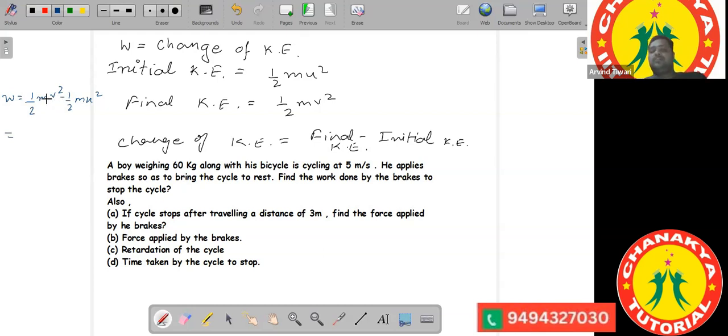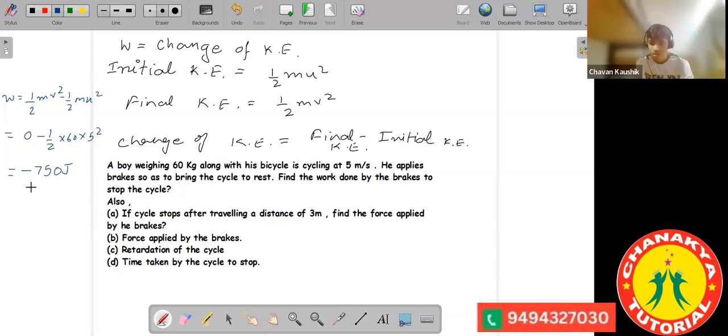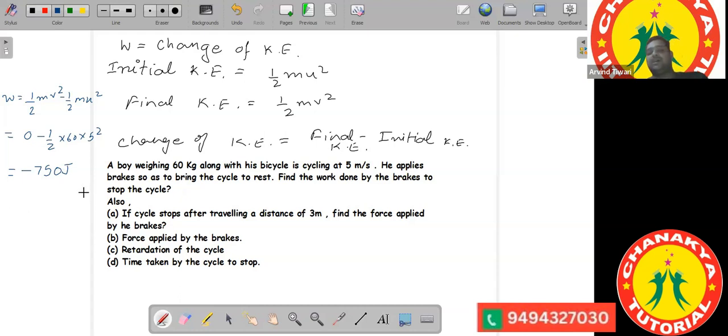So we put 0 minus 1 by 2 times mass, which is 60, times u squared, which is 5 squared. Just by calculating, you get minus 750 joule. Is this correct? Yes. So here the work done to stop the cycle is minus 750 joule.